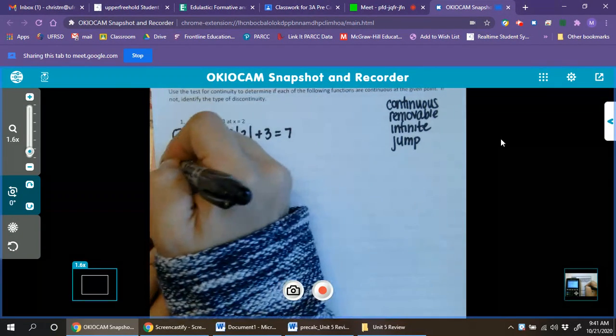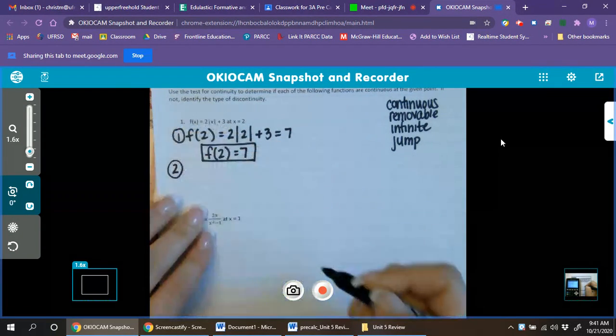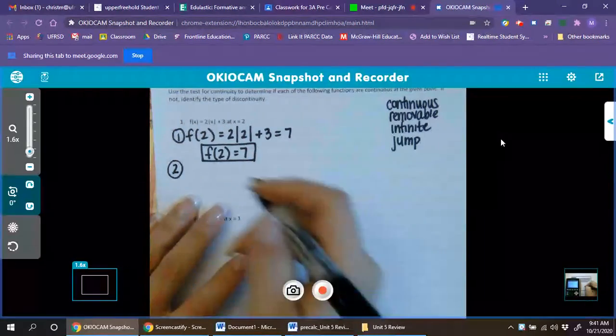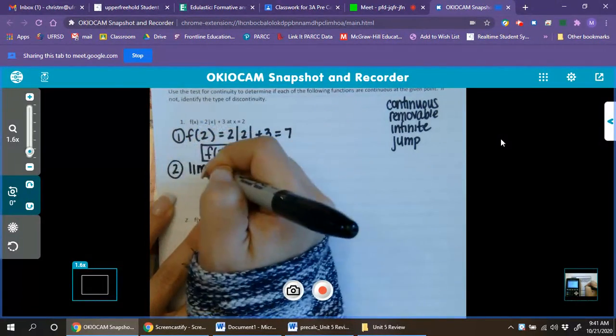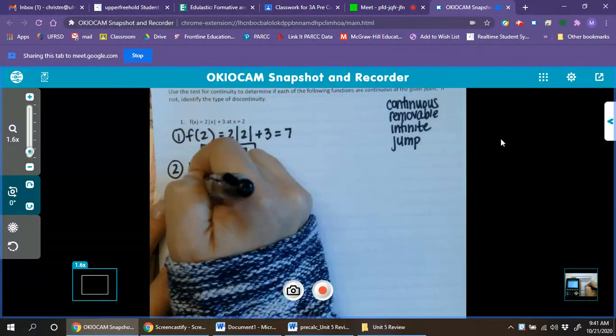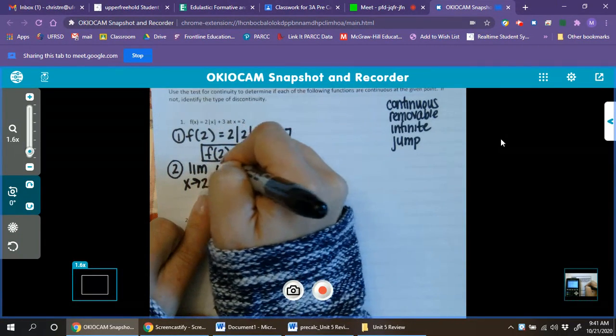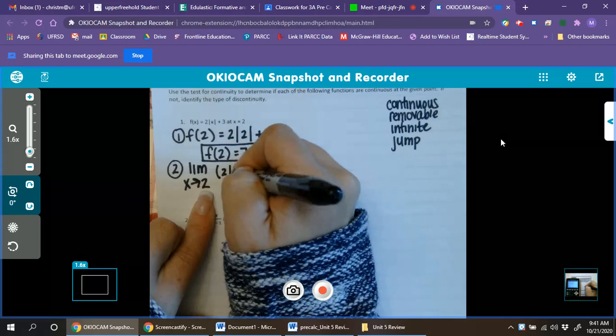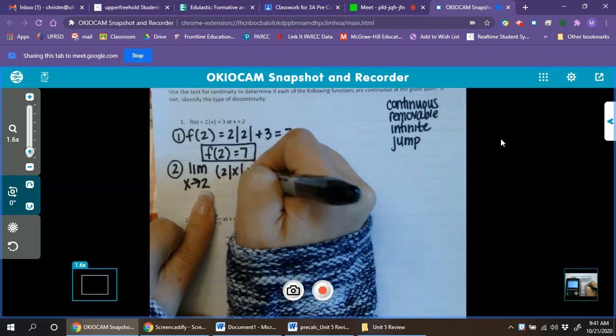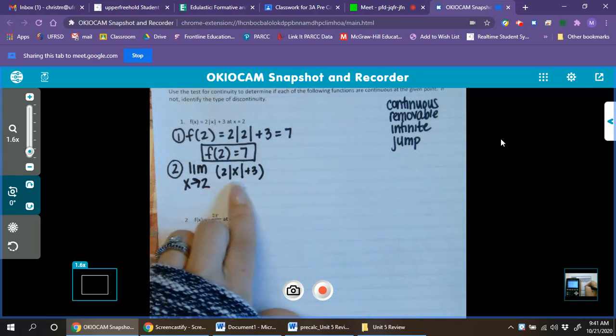Okay, step number 2 is now to evaluate the limit. So I'm going to do the limit as x approaches 2, and I know you like it better when I write out the function. We're going to do the limit here.